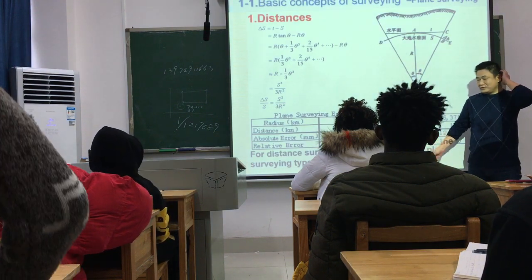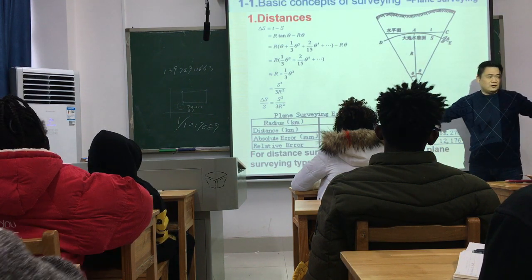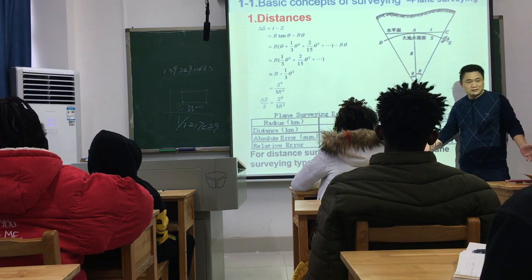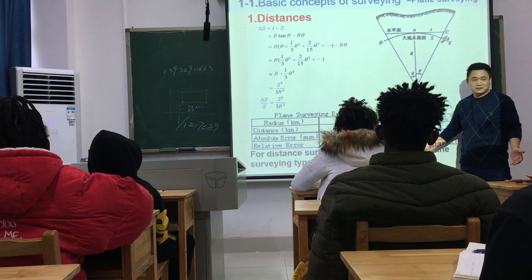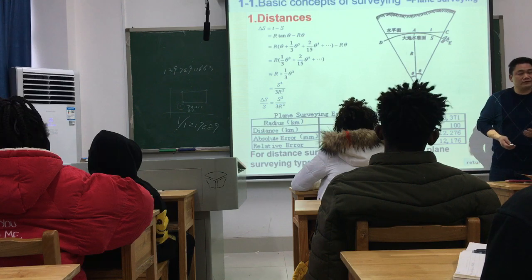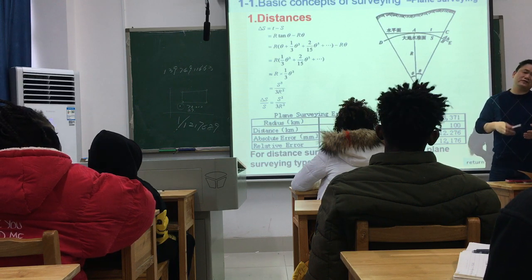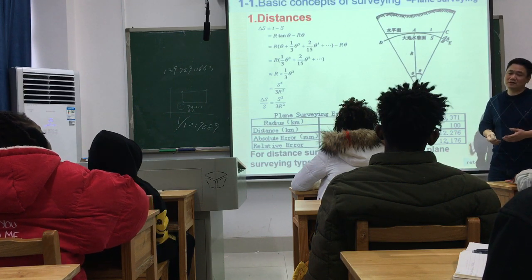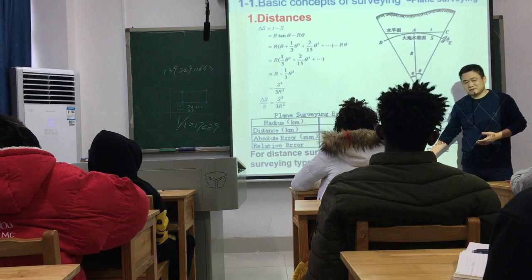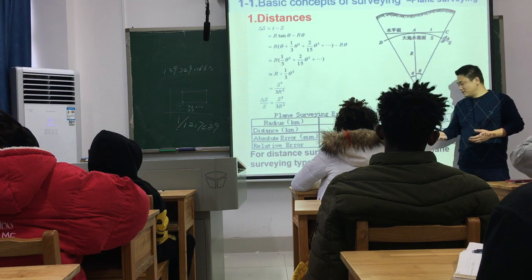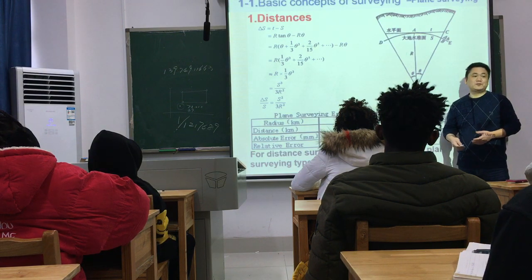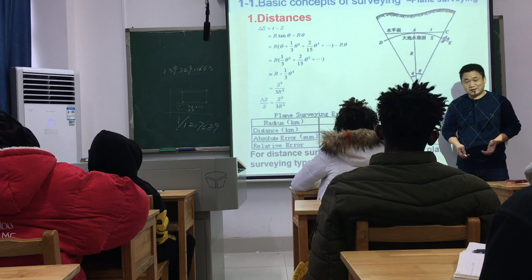If we want to build a very long road, more than 2 kilometers, how can we do that? You should do a control survey first. Usually the control survey, of course this is just the situation in China, is accomplished by the people in surveying and mapping.